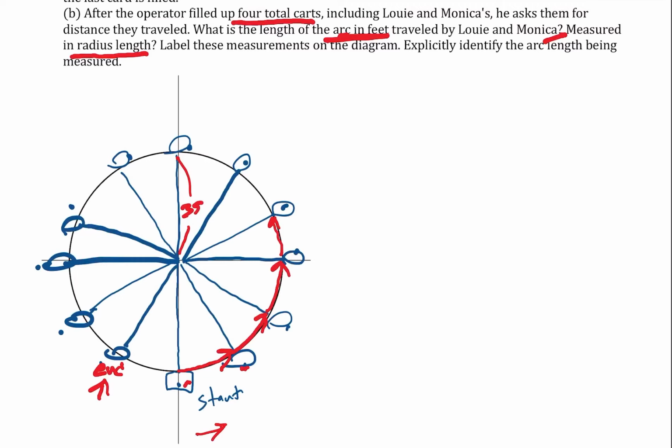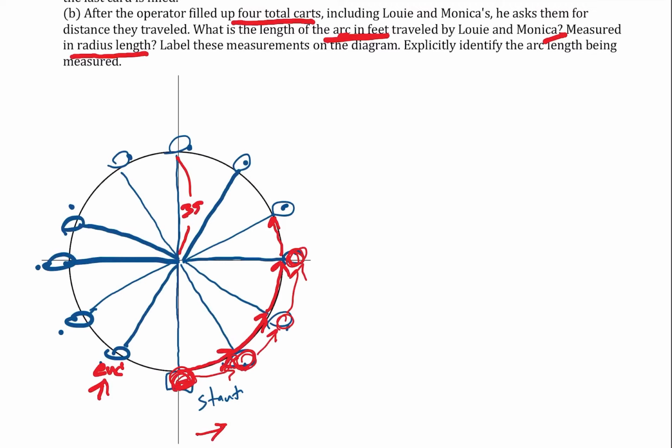So with 4 carts, there is 1, Monica's cart filled here. 2, they move here. Then the second one fills, they move here. Third one fills, they move here. Fourth one fills, right? So we have 4 carts filled, including Louis and Monica.